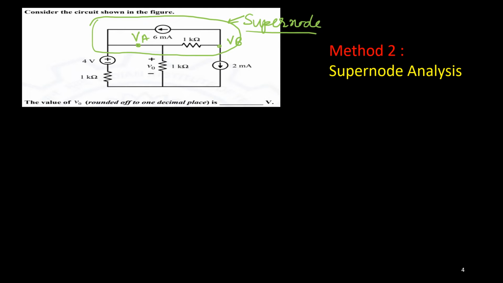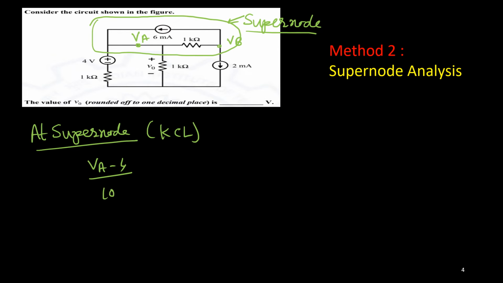Okay, so at the super node, if you apply KCL, similar to the earlier one, VA minus 4 by 10 to the power 3 is the current through this branch. You see, from the super node you have only these three connections. This is one, this is one, and this is one. That's all. So these three branches we can combine.